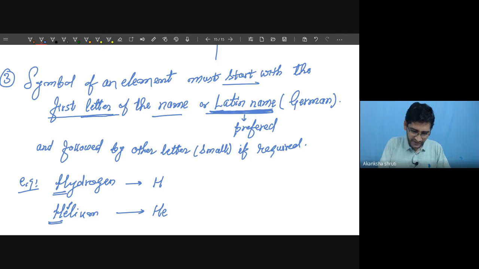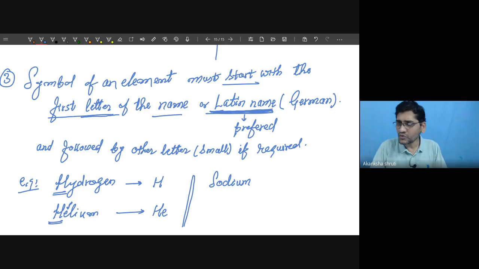So these were the propositions. But if there is some other element which has a Latin name, then the Latin name is preferred. Say, if we consider sodium. For sodium, the Latin name is natrium.